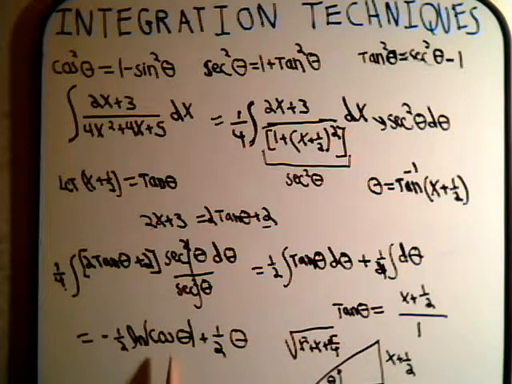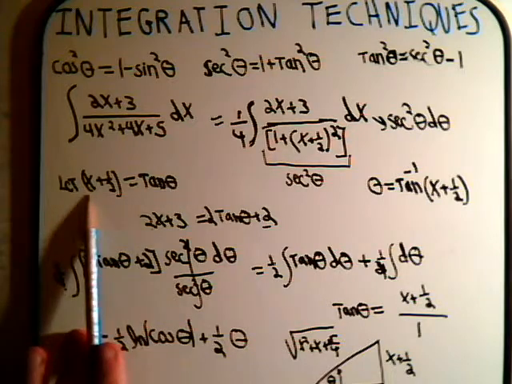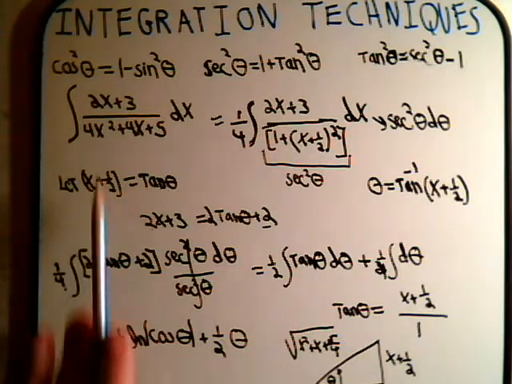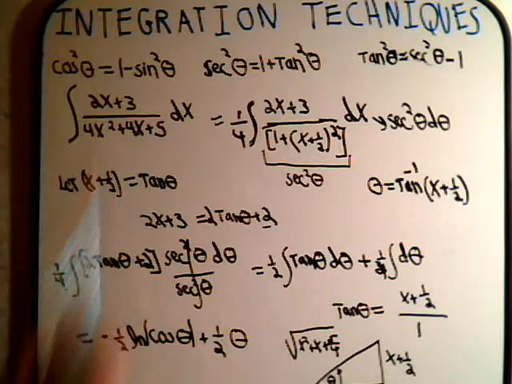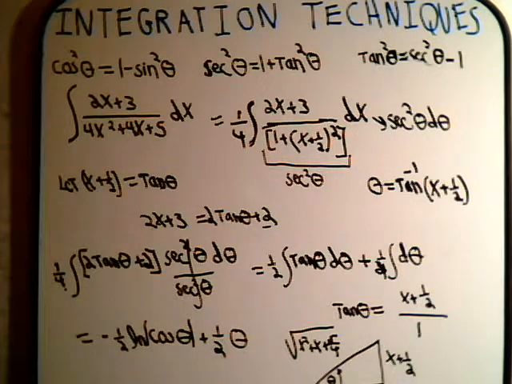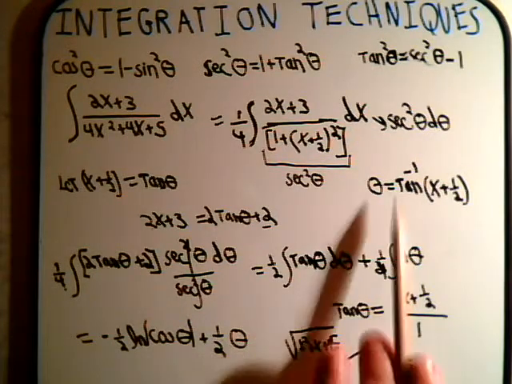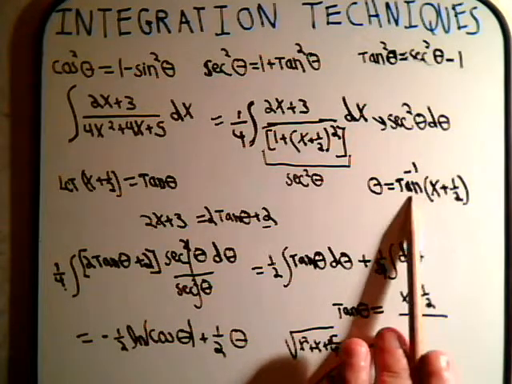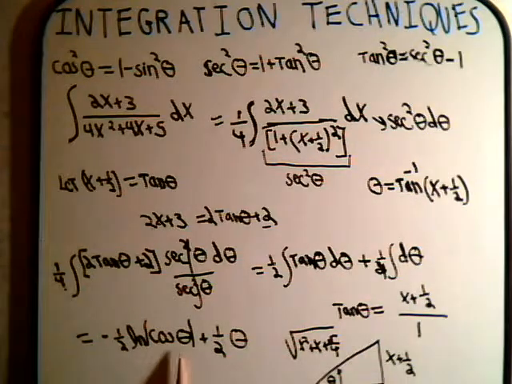Then we had to go back and convert things into our original variable x to get the proper expression for this integral here. So the tangent of theta is this. So theta, that would just be the inverse tangent of that. That's no problem. But we also have to know what is the cosine of theta.